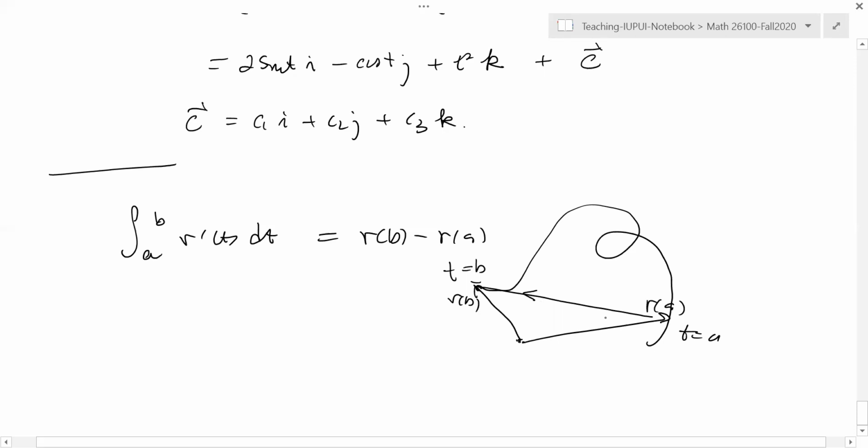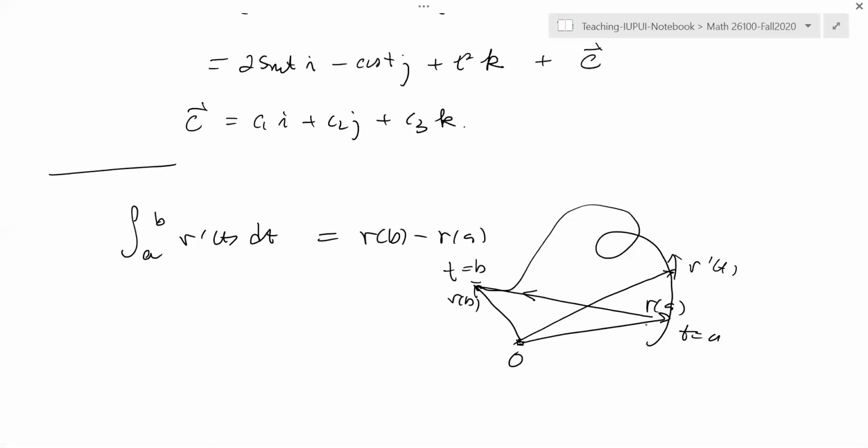So along this curve you have a tangent vector. If you give me the information about the tangent vector, what I can recover is the difference of the two position vectors. That's what the theorem tells me.